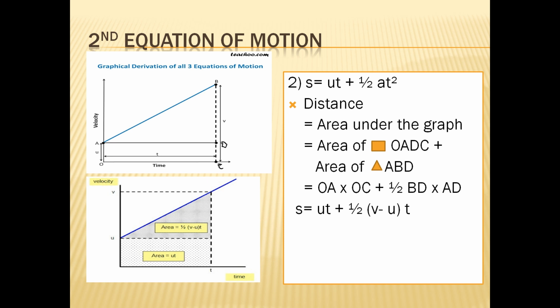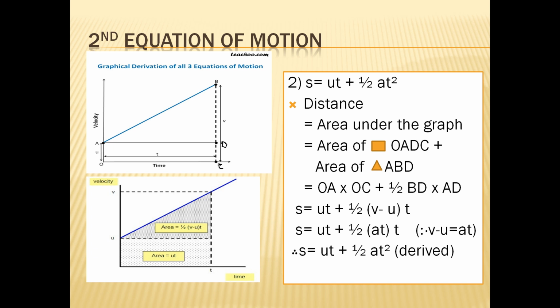But again, this is not our second equation of motion. So what we'll do is, instead of V minus U, from the previous equation we can write AT. When we substitute AT in the equation, we get T into T, and that will give us our second equation, that is S equals UT plus half AT square.